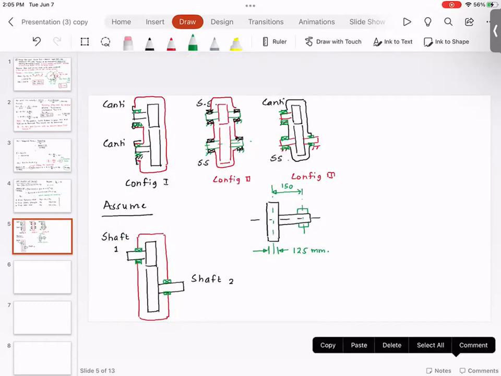So one thing, TP, which is torque on the pinion, and TG, torque on gear, are different.